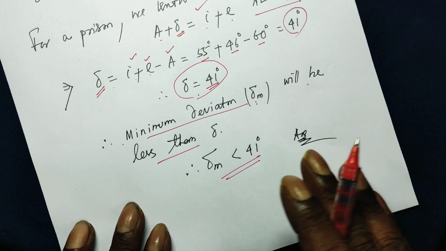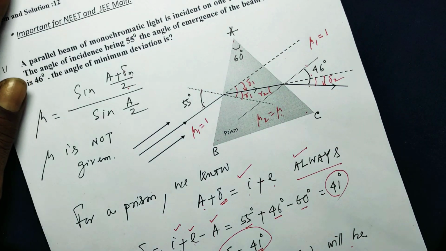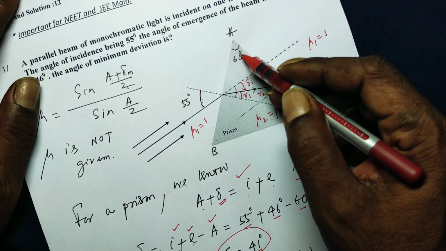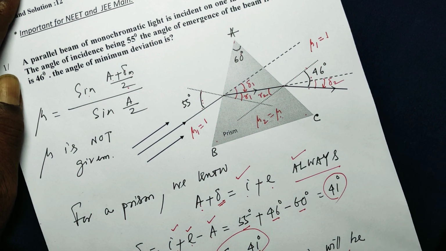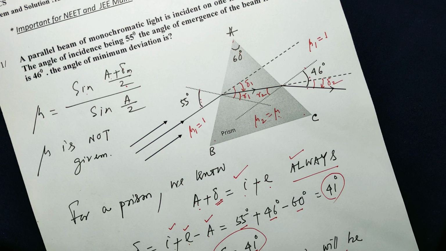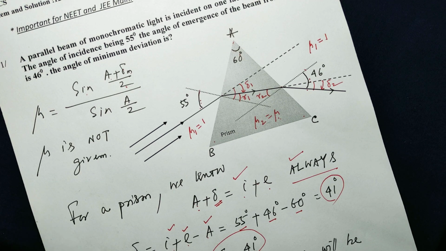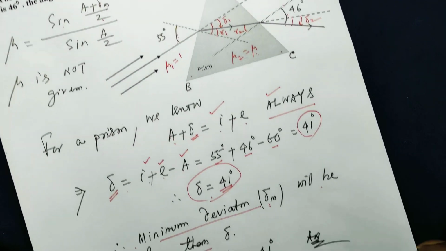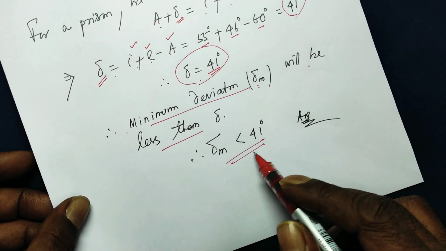This is not a general case, it is a particular case. When I is given, E is given and A is given, then how much will be delta m? You cannot exactly find out, but it can be at least said that it is less than 41 degree.